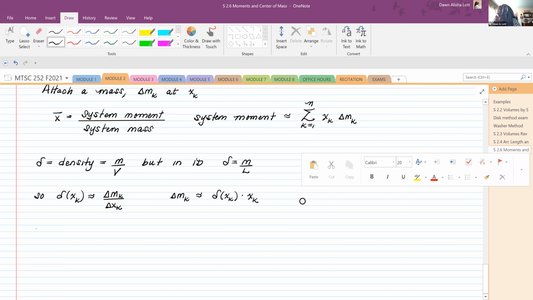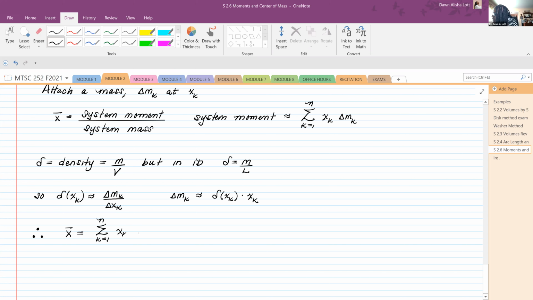I told you before, these three little dots mean therefore. So therefore x bar becomes the system moment, which is the sum k equals 1 to n of xk times delta mk, over the system mass, which is the sum k equals 1 to n of all the masses, delta mk. But I know what delta mk is now.